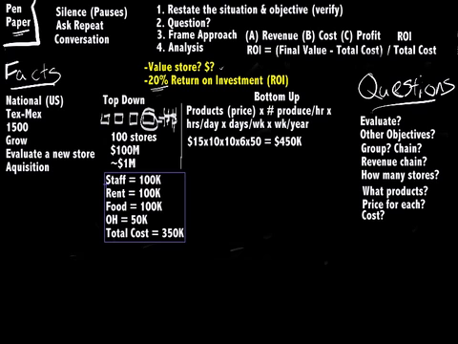Another is, if they don't have it for overall, they might give you the cost per product. Let's say in this case they tell you, well, actually for every meal, it costs about $10 figuring the staff, the rent, and the food.